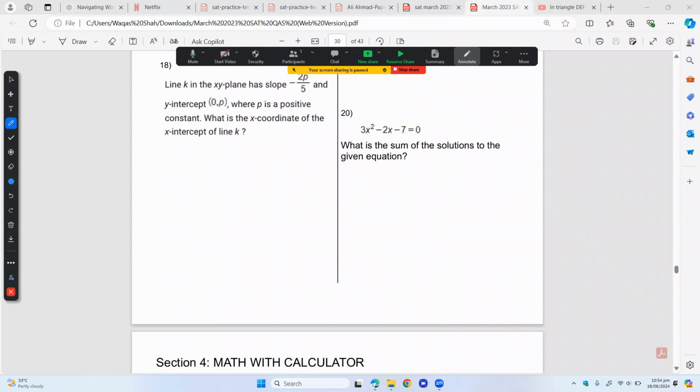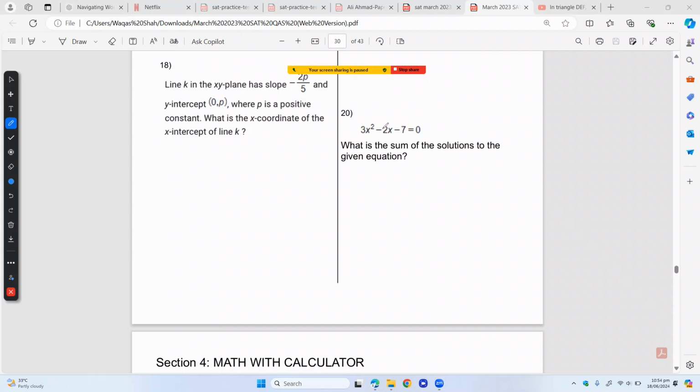Okay, students, look at the last question of the first 20 questions. In this question we have been given a quadratic equation, and we have to find the sum of the solutions of this equation. So if we compare this equation with ax squared plus bx plus c is equal to 0, and divide everything by a, it will be x squared plus b by a x plus c by a is equal to 0.